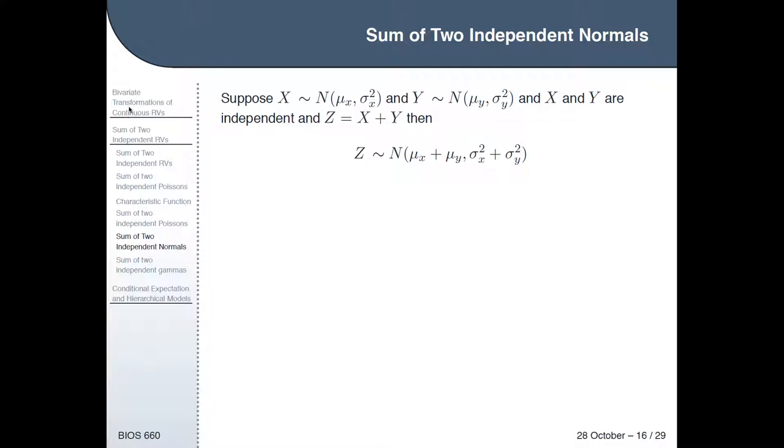So now let's do the same thing for normals. We have x is normal with mean mu x, variance sigma x squared, y is normal with mean mu y, variance sigma y squared. If you've taken statistics before, you may have learned that their sum is just normal with mean mu x plus mu y and variance sigma x squared plus sigma y squared. Well, how can we prove that?